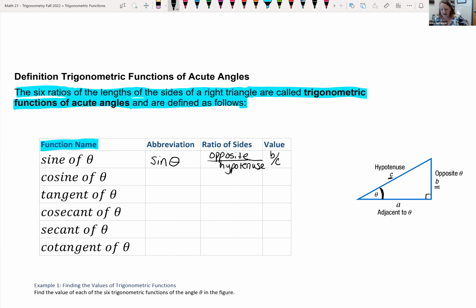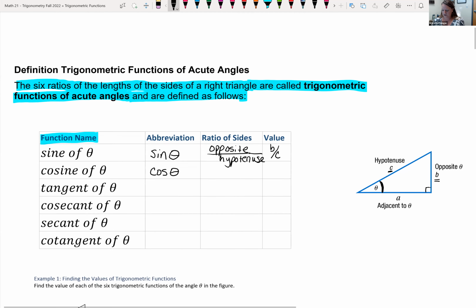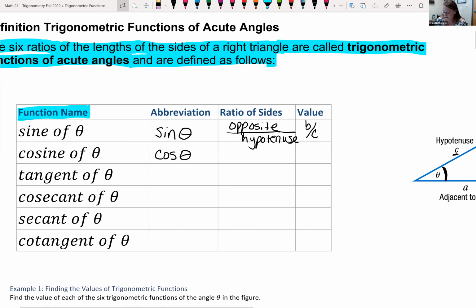So cosine theta, we're going to abbreviate it COS theta. And this is adjacent over hypotenuse.